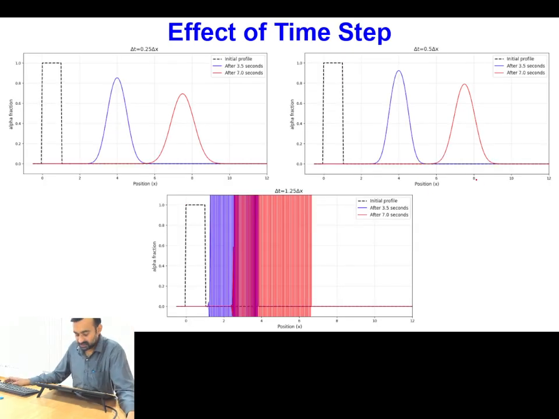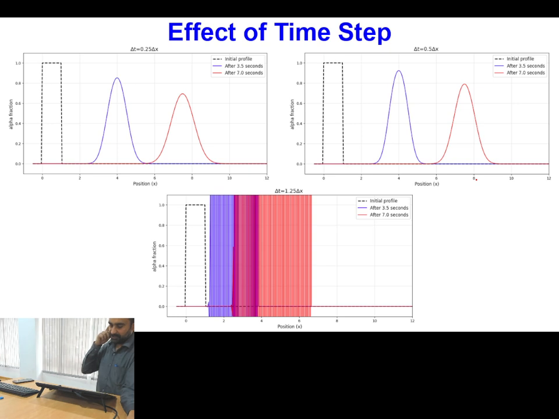Now the same thing can also be seen in terms of the effect of time step. You can see that in all these three cases, the grid size is maintained at 20 delta x within the slug. But in the first case, delta t is 0.25 of delta x, in the second case it is 0.5 of delta x, and in the third case it is 1.25 times delta x.